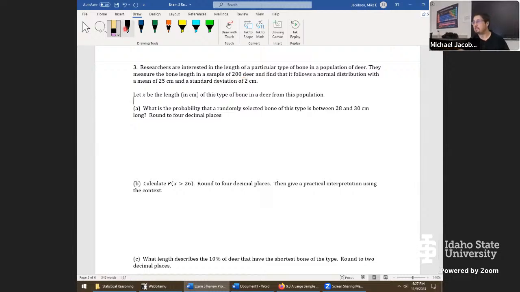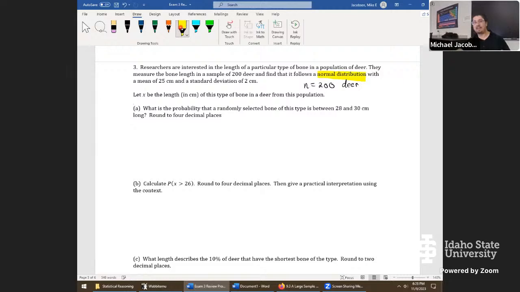Let's pause right there. The moment you see the keyword sample of 200 deer, you've got a sample size. So it's absolutely helpful to write that out somewhere in your paper. Giving it the unit of deer would only help with the context, not required. So they had sampled 200 of these deer and find that it follows a normal distribution. That's helpful for us.